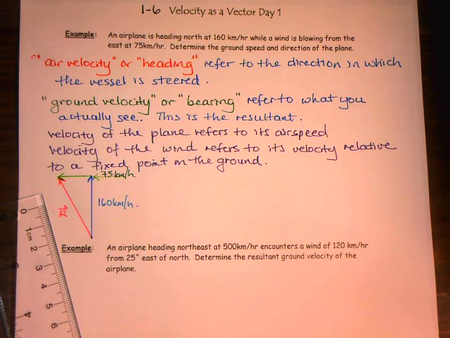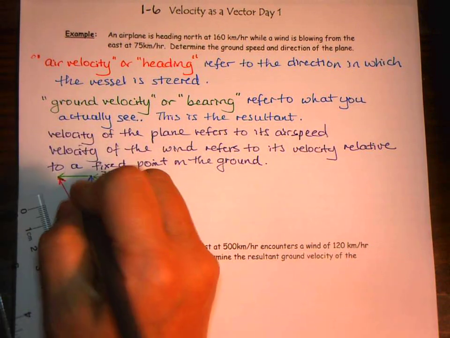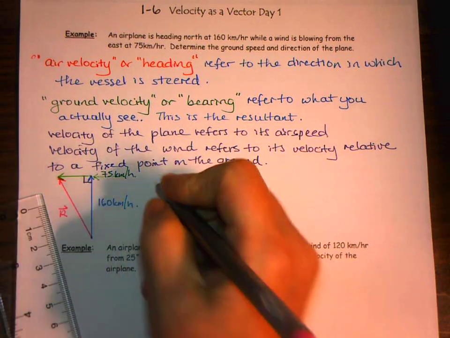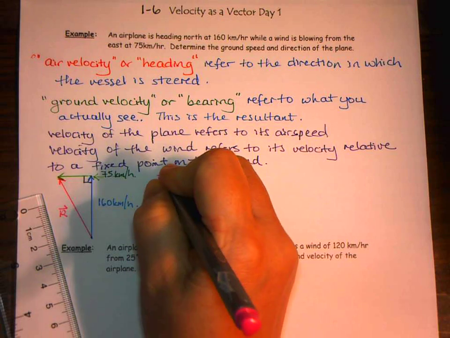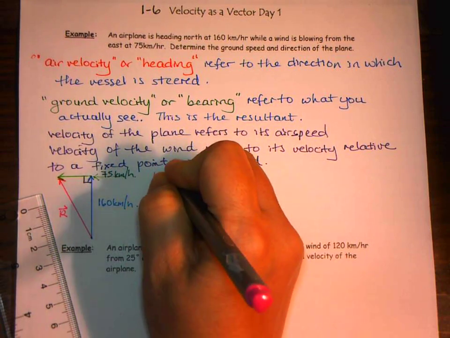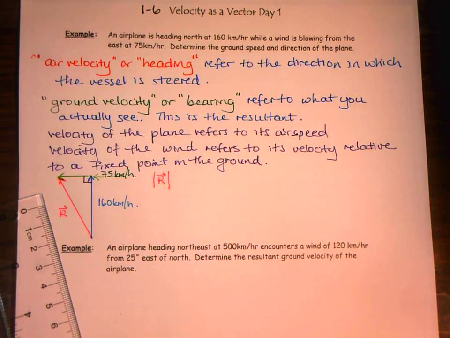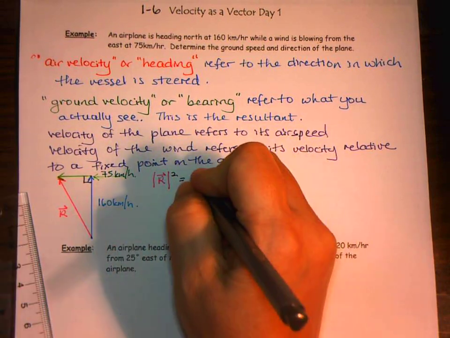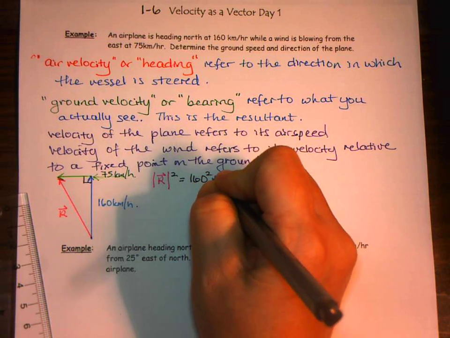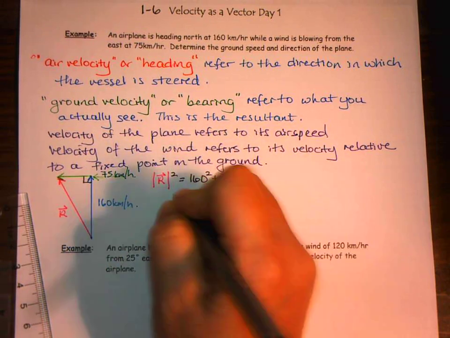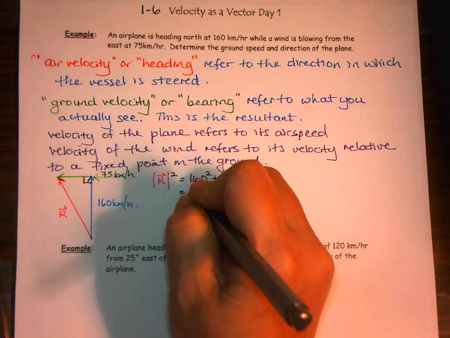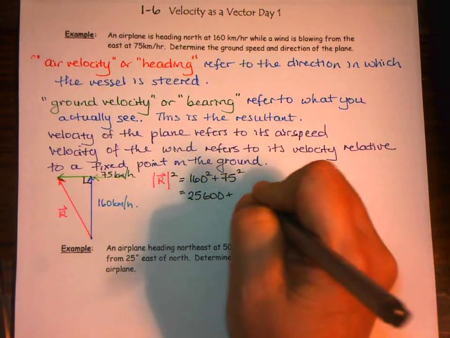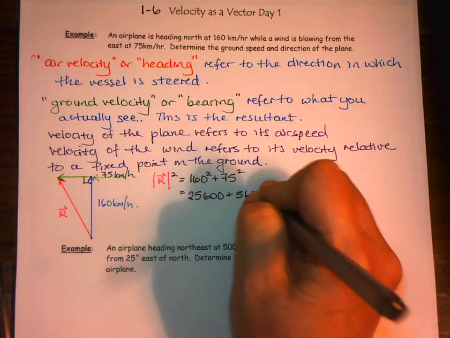Okay, so these vectors meet at a 90-degree angle, and if we're first looking for the magnitude of the resultant, then we could simply use the Pythagorean theorem, so that the magnitude of R squared is equal to 160 squared plus 75 squared. 160 squared gives us 25,600, and 75 squared gives us 5,625.